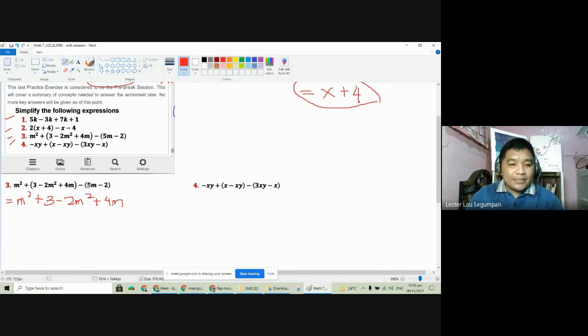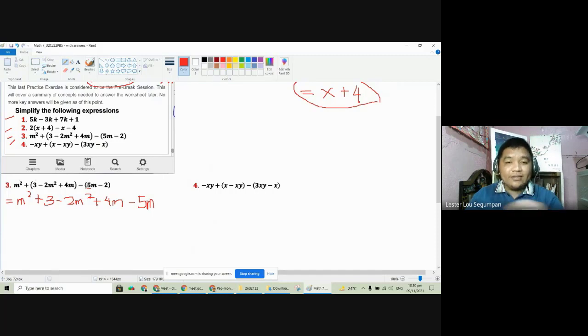I'm talking about the sign of 5 in 5m. The numerical coefficient 5 in 5m is positive, but once we remove the grouping symbol, since it's preceded by a minus sign, the positive 5m will become minus 5m. So is it just simply removing, sir?